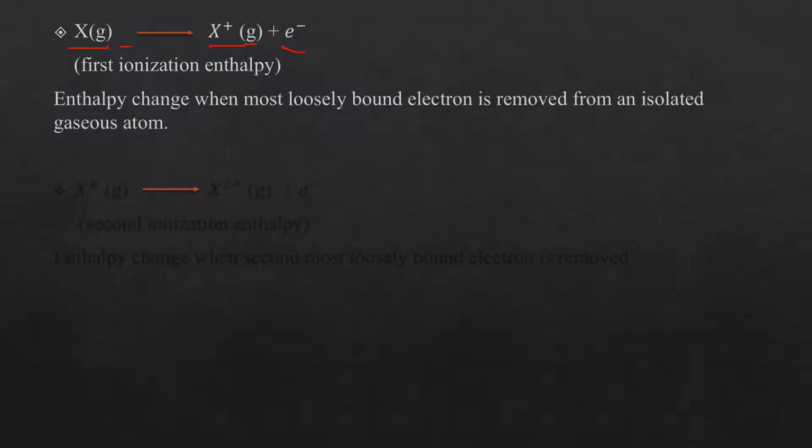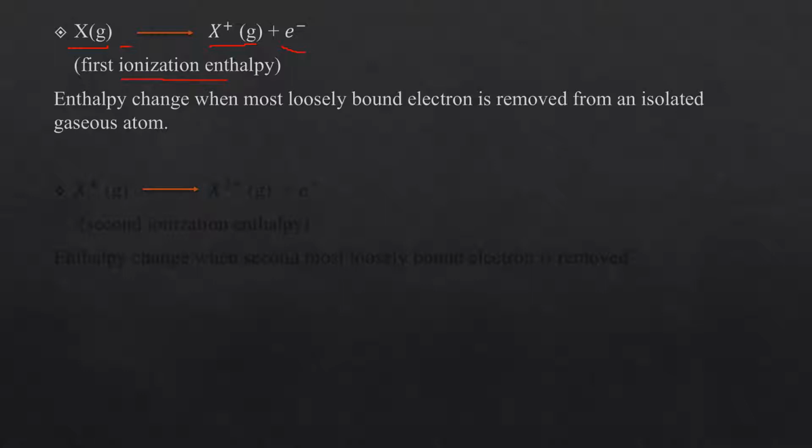This is the enthalpy change when the most loosely bound electron is removed from an isolated gaseous atom. We call it first ionization enthalpy because the energy required to remove the most loosely bound electron of the atom is the first ionization enthalpy.